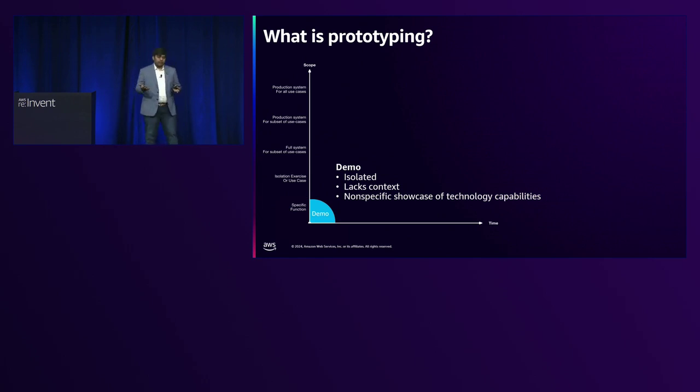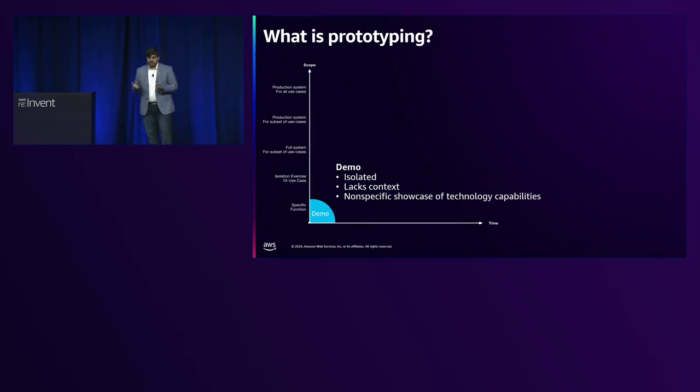But in a demo phase, you're trying to prove a narrow set of technology, that this particular technology will actually meet your requirement. And it need not necessarily have a business context completely, because you're trying to prove the technology side rather than the business side in a demo phase.